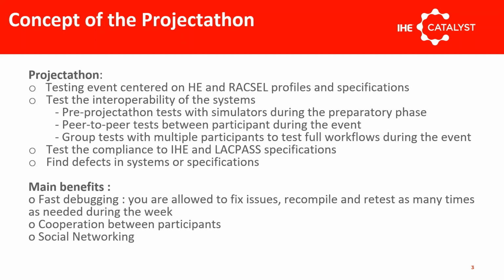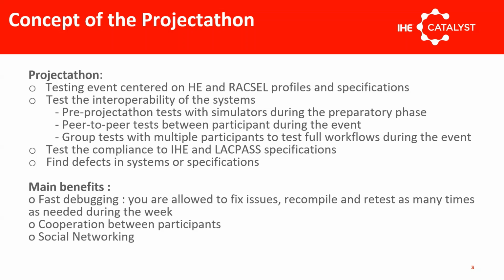The last type of test is a group of tests. A group of tests is more complex because it needs to connect multiple participant systems to test a full workflow during the event. For example, you can have 3, 4, or 5 systems connected together. These types of tests are very, very complex. The only projectathon at this time using the group of tests is Switzerland.